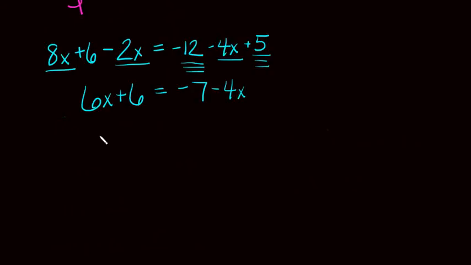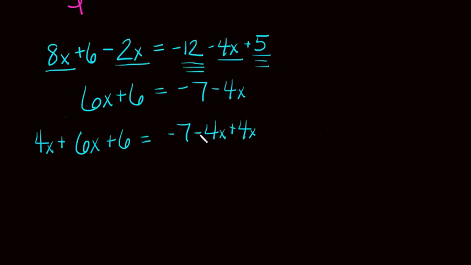So in order to get rid of the negative 4x, I'm going to add a positive 4x to it, and I have to do it over here too. 6x, and I need to put this positive 4x over here, plus 6x plus 6 equals negative 7. Take away 4x, and I added a 4x to get rid of it.